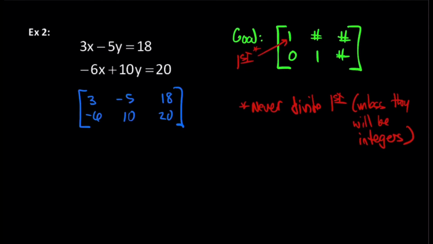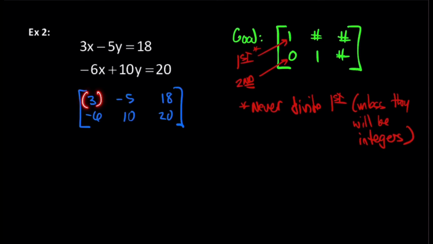So for example, if this was a 6, yeah, I would definitely divide everything by 3. But I don't want to divide by 3 if I'm going to be left with a fraction. So if I can't get this to be a 1 first, skip it, and let's still get that to be a 0 second. So I'm going to skip trying to get this to be a 1, but I'm going to make this a 0.